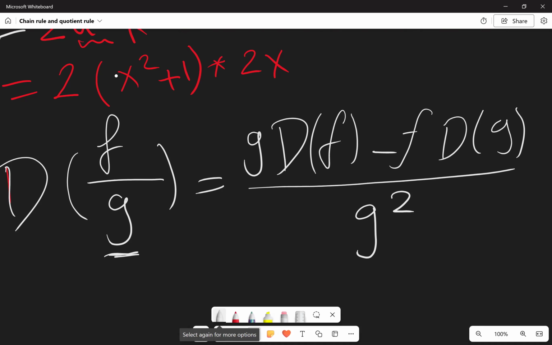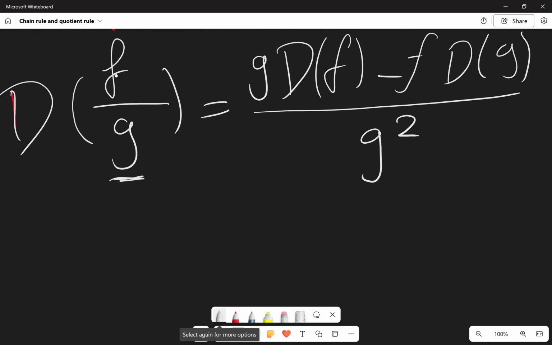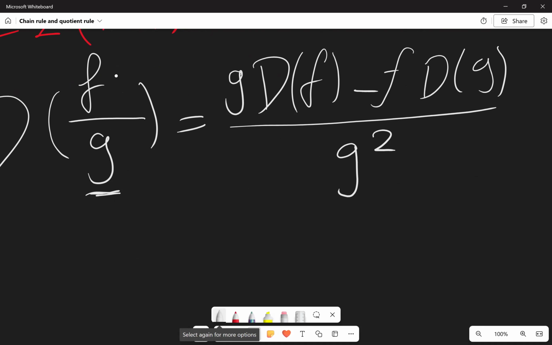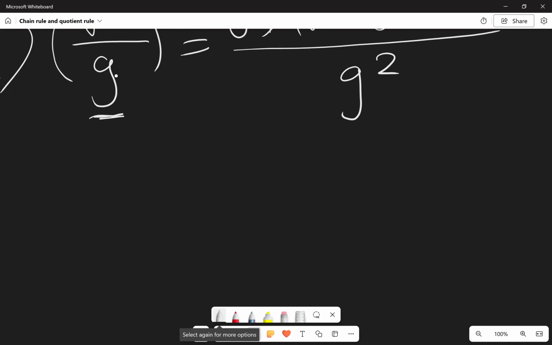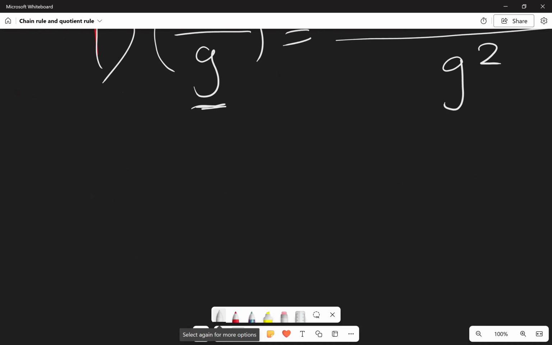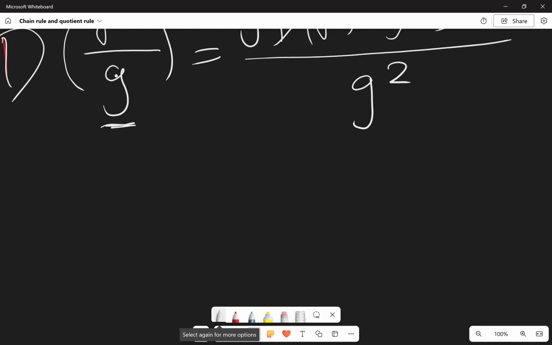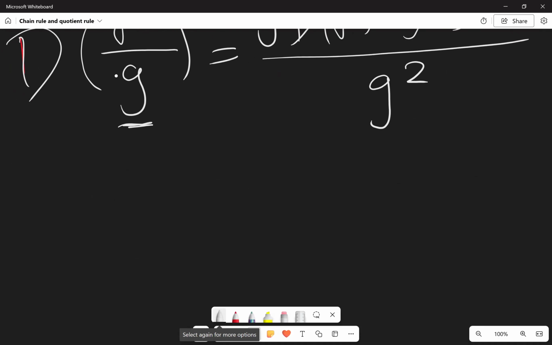This rule could be derived from first principles, but as we did derive the product rule from first principles, I want to start from the product rule. So let's write down the product rule, how it looks, and then we're gonna plug the functions in it and work on the derivative until we arrive at the quotient rule.